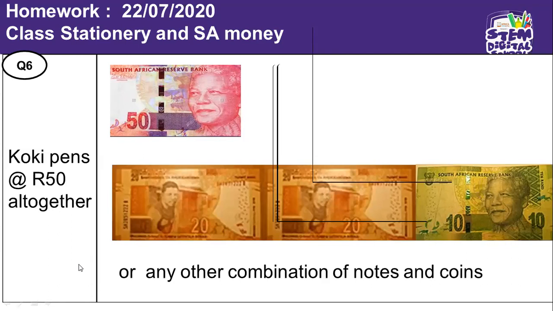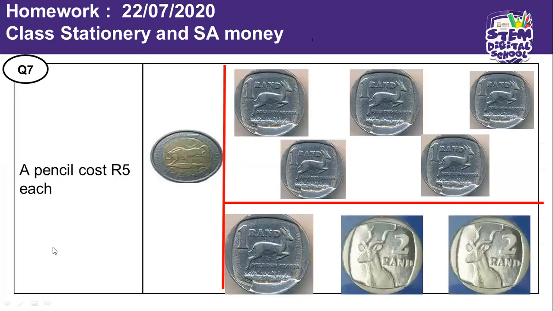Right, let's see. We've still got some more. We've got a pencil costing 5 rand each. So there you could use your 5 rand coin, and then there we've got 1, 2, 3, 4, 5.